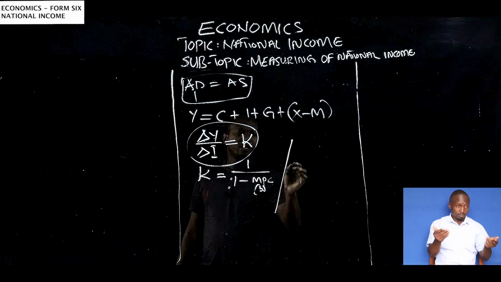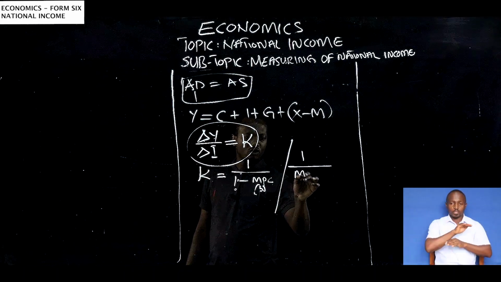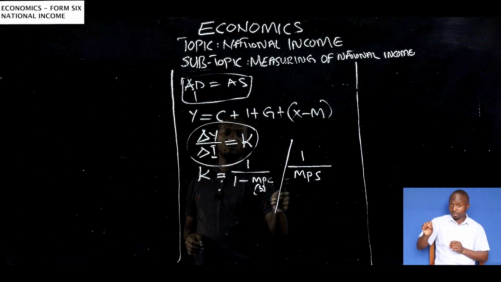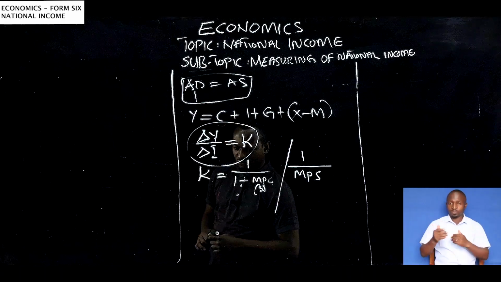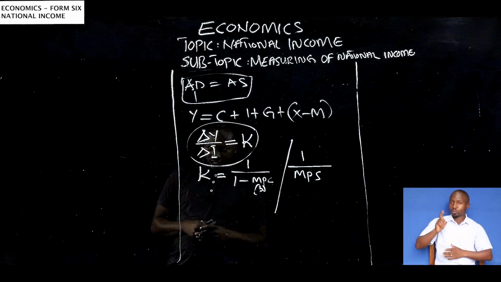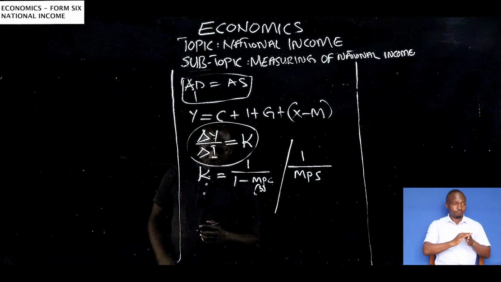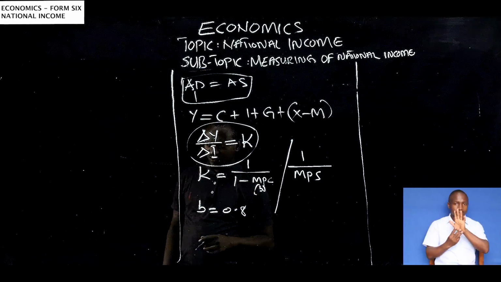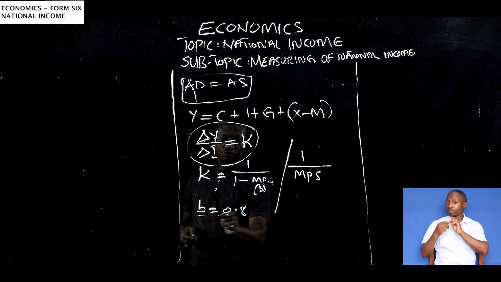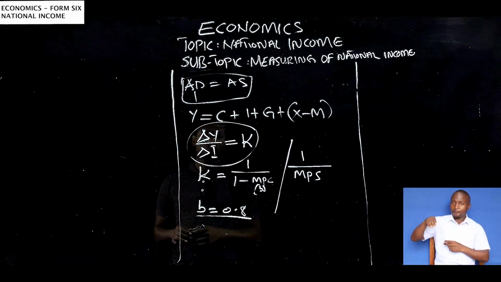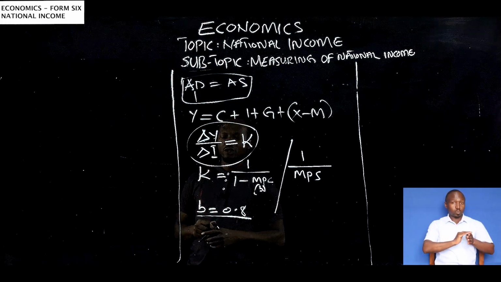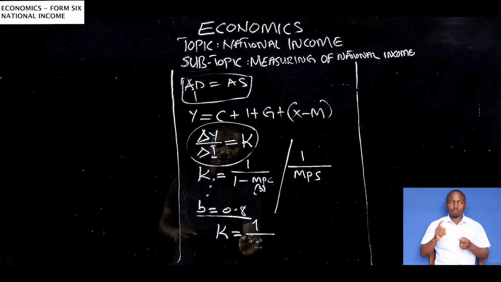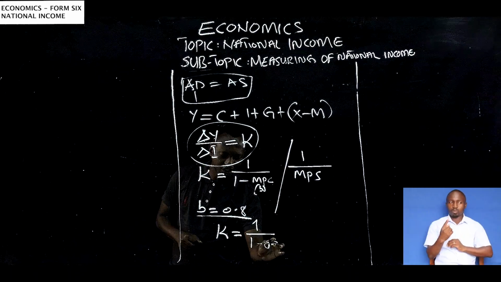Or we can take 1 over the marginal propensity to save, because 1 minus the marginal propensity to consume is equal to the marginal propensity to save. From our question, the consumption function gives B equal to 0.8. So we use 0.8 as the marginal propensity to consume to find the multiplier. The investment multiplier will be 1 over 1 minus 0.8.